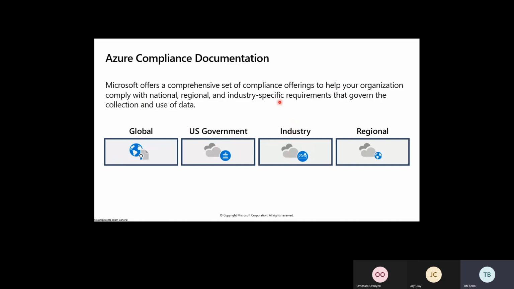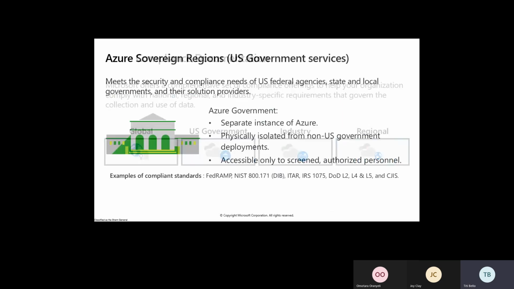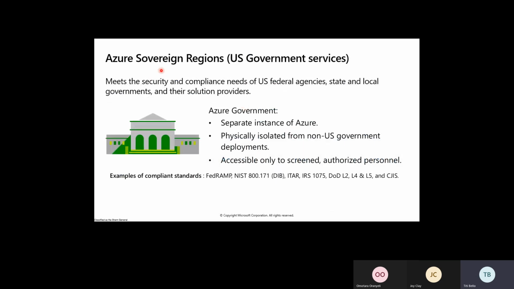The documentation is segmented in that way, and then by region, where you have China and different regions, with regional policies and compliance documentation that can help all organizations understand how.